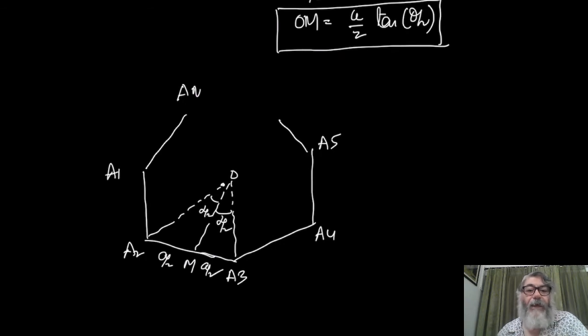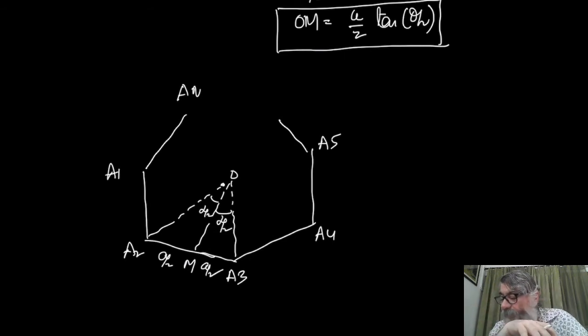Now I'm taking the angle formed at the vertex. I have picked up one triangle because all these triangles will be the same isosceles triangle. If I join O to A4, O to A5, O to A6, O to A1, O to An, or wherever I join, all these triangles will be isosceles and the same.